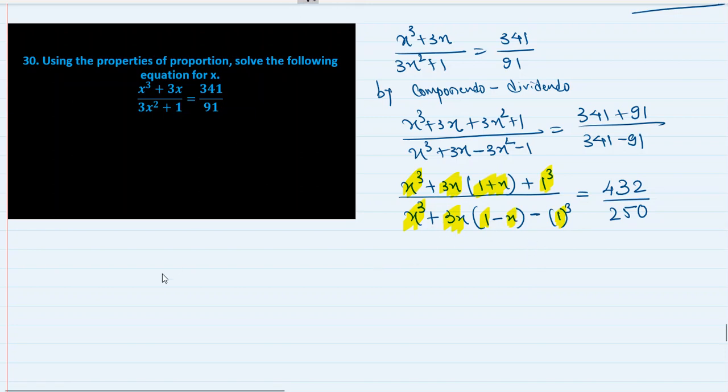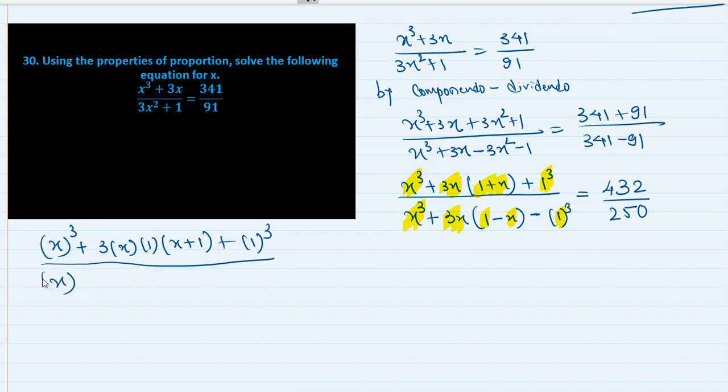If you don't, let me write it this way: a cube plus 3 into a into b, a plus b, the whole upon a cube minus 3ab bracket a minus b.